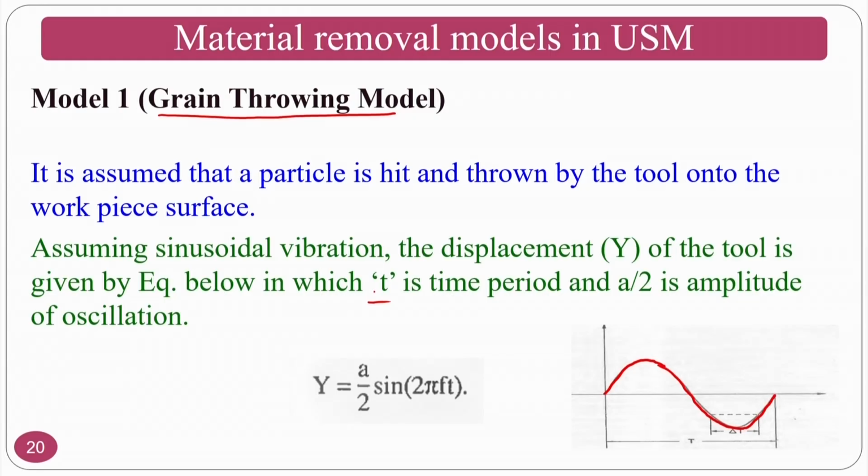So from this model, these sinusoidal vibrations throw the abrasive particles. Whenever they are thrown, the particle gains kinetic energy from the tool, goes and hits the workpiece. That is what this model specifies.